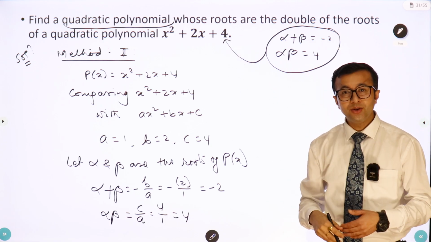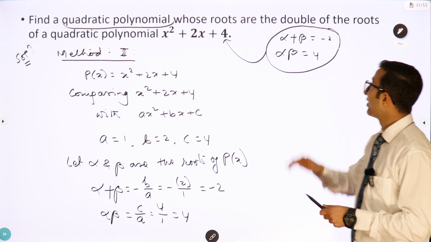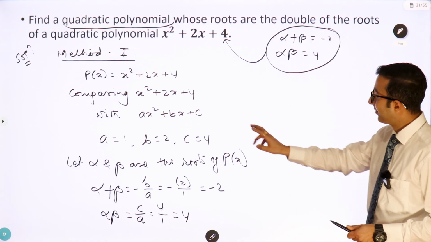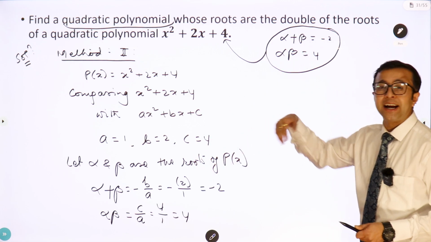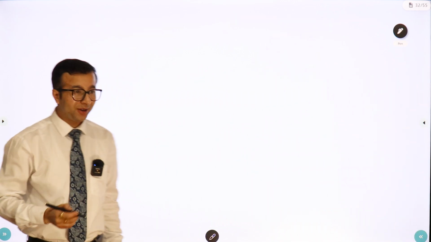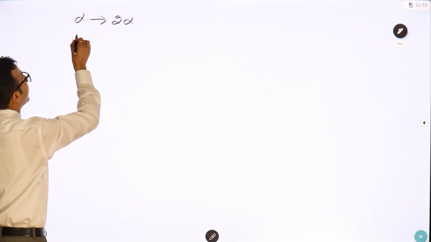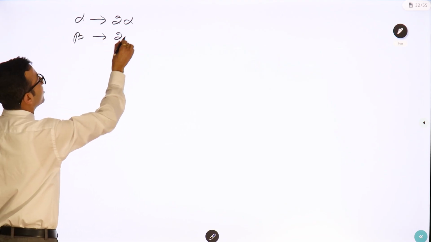Now what do we need to do? We need to find a quadratic polynomial whose roots are double of alpha and beta. The double of alpha will be 2 alpha and the double of beta will be 2 beta.